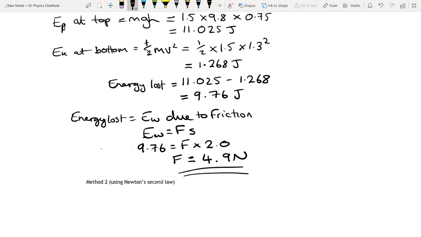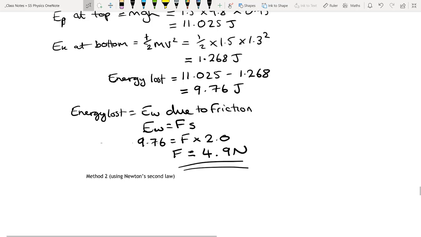The second method is using a block going down a slope, so you have to find the component of weight parallel to the slope, like what we were doing yesterday. I'll leave that for a little bit because I think some people are still writing. But you'll see method 2 is slightly more complicated, so it takes a little bit longer, and obviously choose the easiest way that you're going to guarantee to get marks.